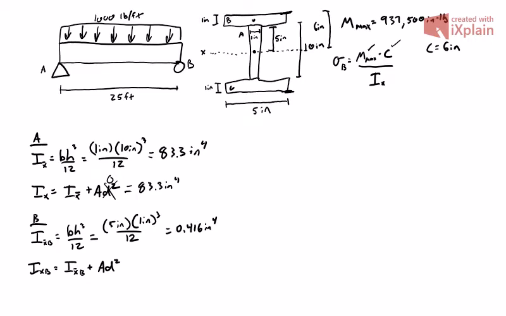That is not the same as the center of our beam, so this distance is going to be 5.5 inches. That's our d. So we have 0.416 inches to the fourth plus the area, base times height, so 5 inches times 1 inch, and then our d squared. For Ix B, that gives us 151.7 inches to the fourth.